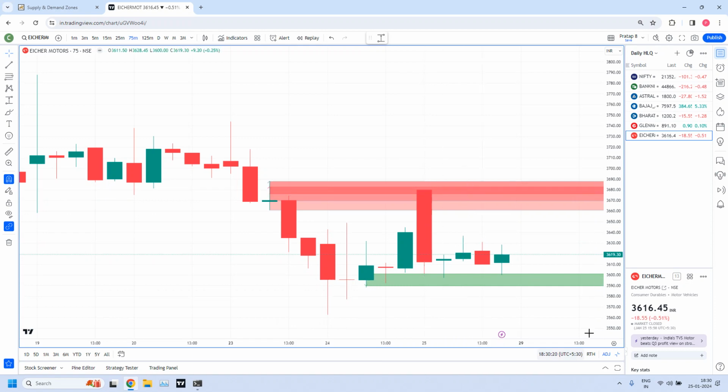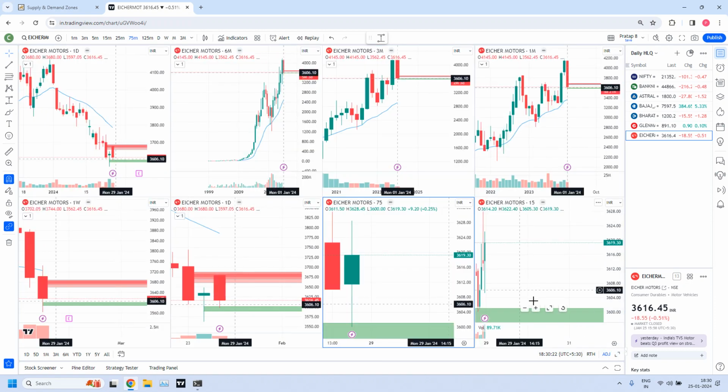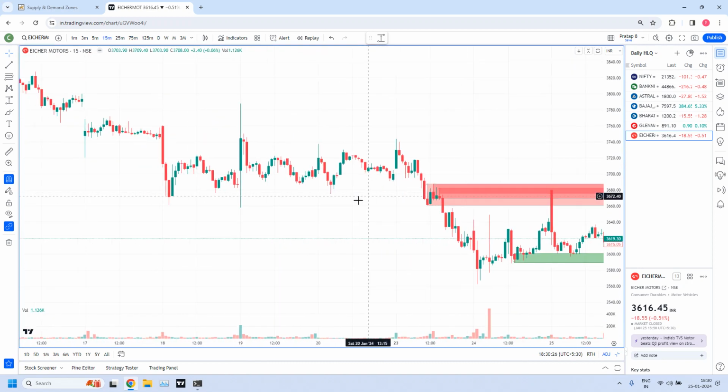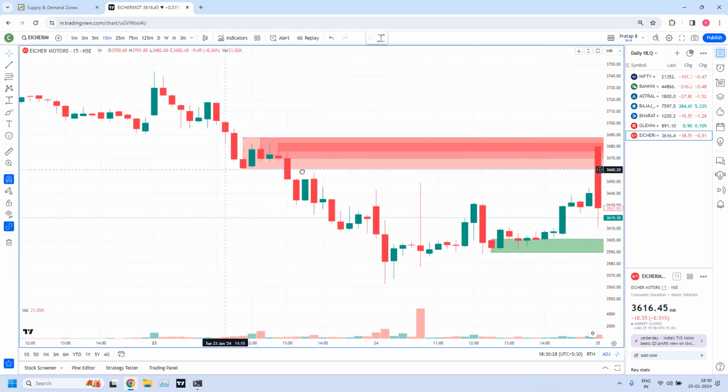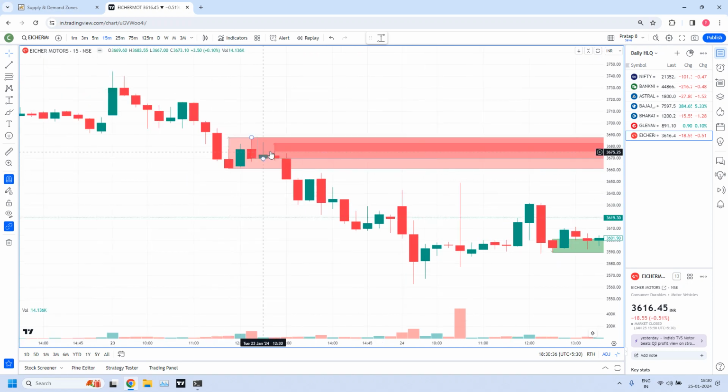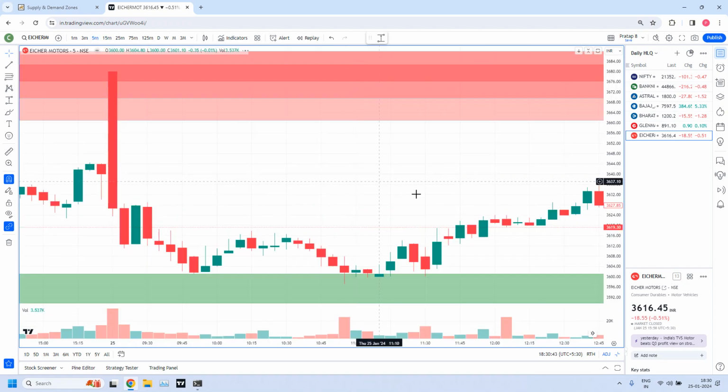and reached the target. Okay, now let us get into the 15 minutes time frame. We have to fine tune into the 15 minutes. Here we identified 3 base candles, 1 rally candle, 3 base candles and a drop candle. And within this 15 minutes area, again we fine tune to 5 minutes.